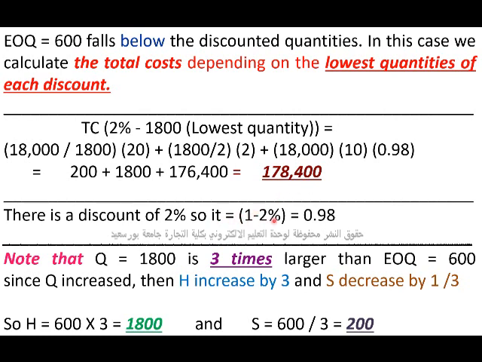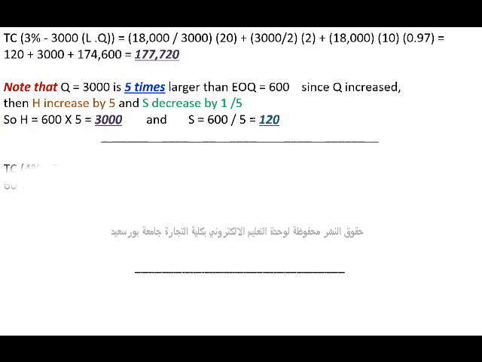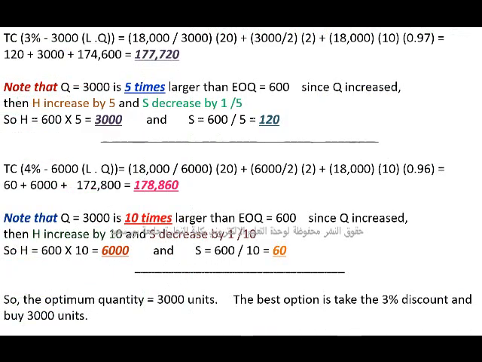And you can see how we can calculate this number. Second, the total cost for the next discount, 3%.